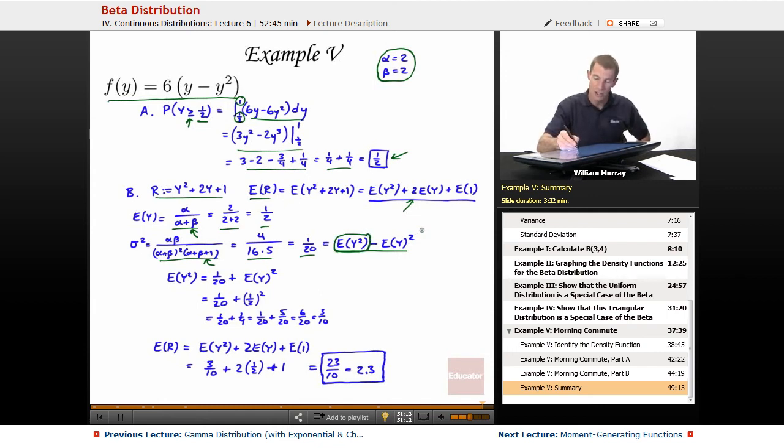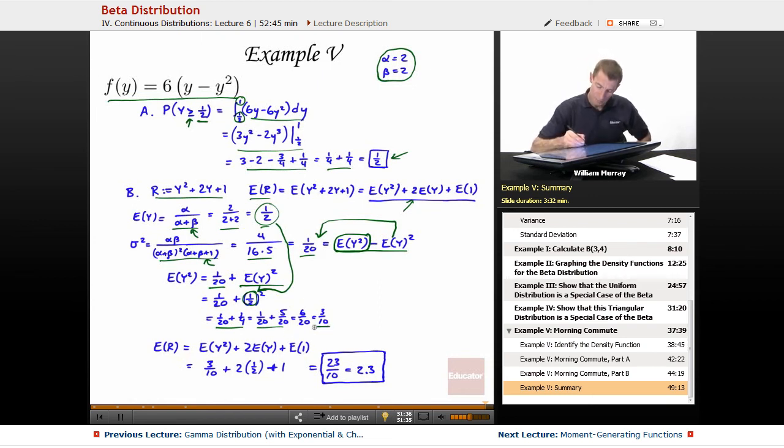So I bring this E of y squared over to the other side, and that's where I get 1/20 plus E of y squared. And then this half right here is that half right there. So that's where that half comes from. And then after some more simplification of the fractions, we get that E of y squared is exactly 3/10.